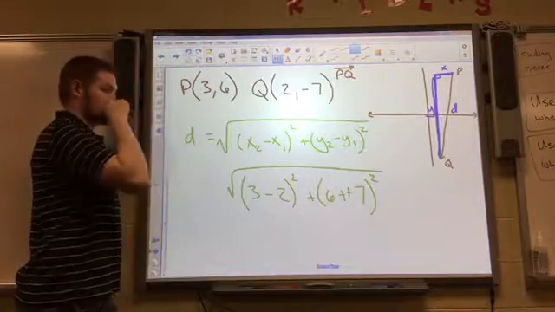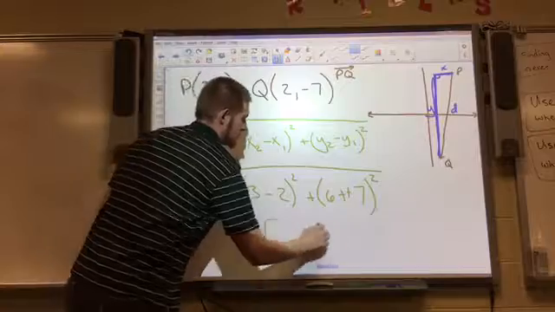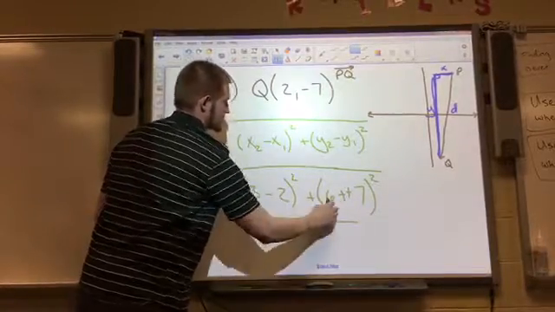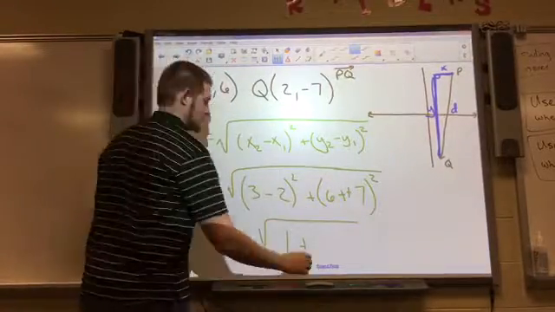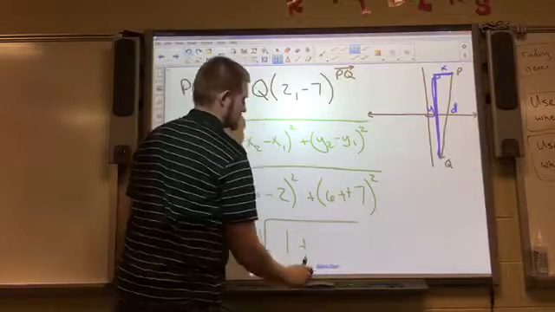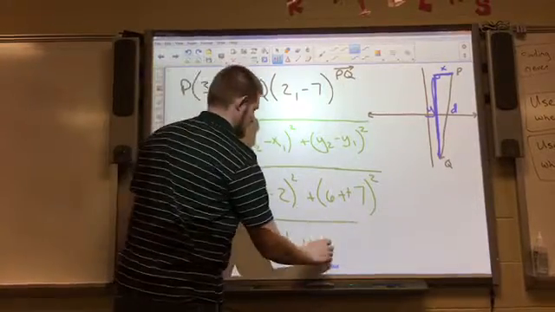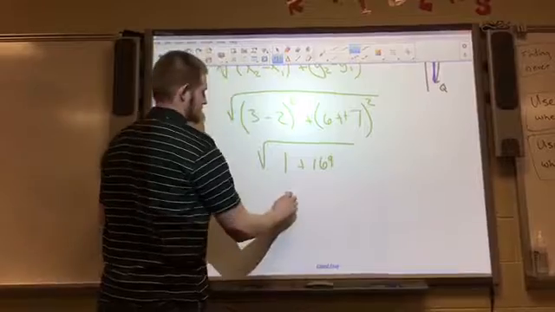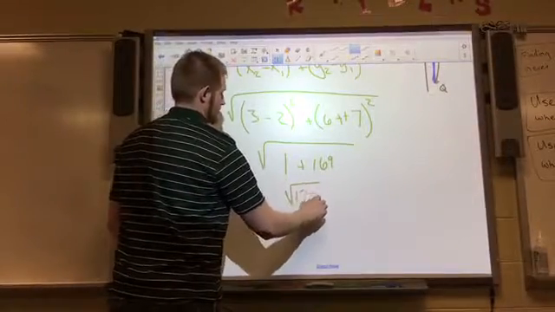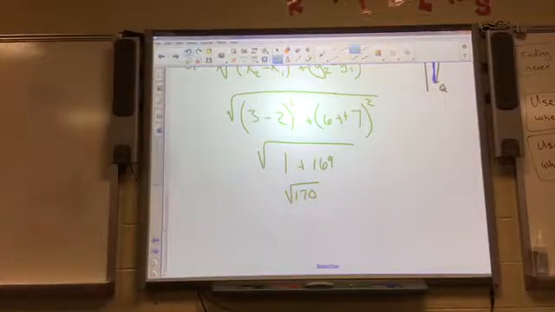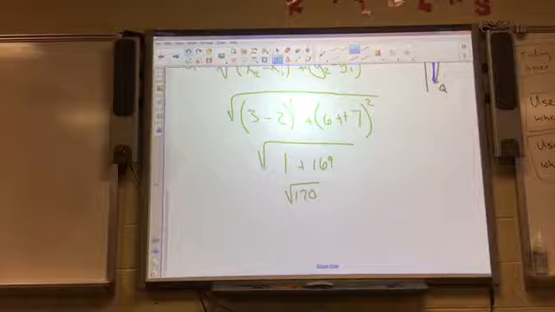3 minus 2 is 1, squared. 6 plus 7 is 13, squared, 169. So I actually have the square root of 170. It doesn't sound like a number that's probably reducible, but we should check.